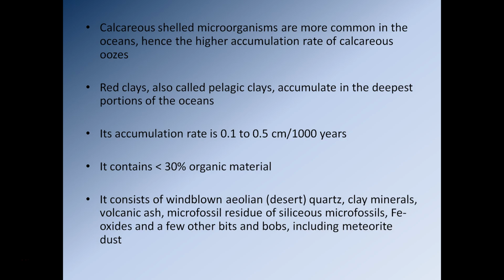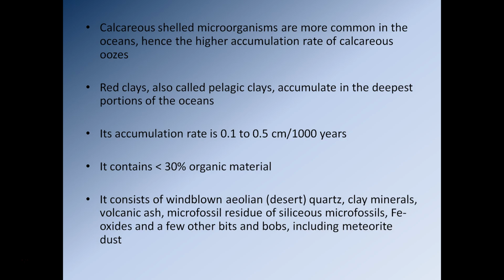They can be clay minerals contributed by rivers. As the river enters the ocean, some clay-rich water will slowly make its way out to sea, and those clay minerals will fall onto the deep sea floor. It can be volcanic ash from very, very large volcanic eruptions. There can, of course, be microfossils, essentially the shells of calcareous and siliceous organisms.